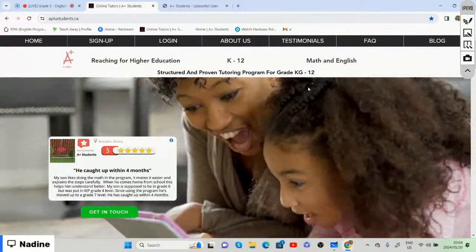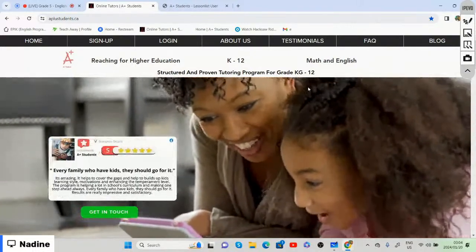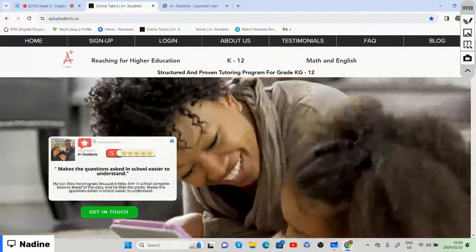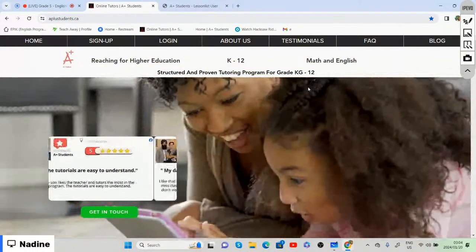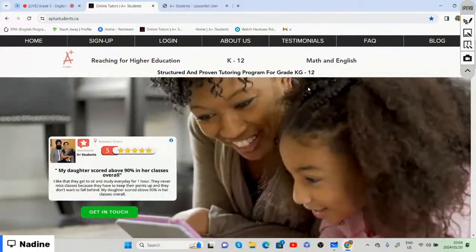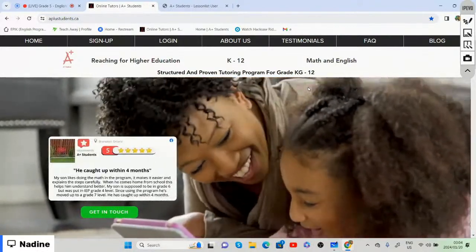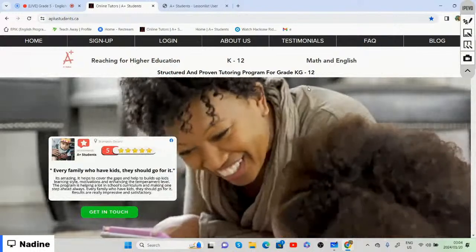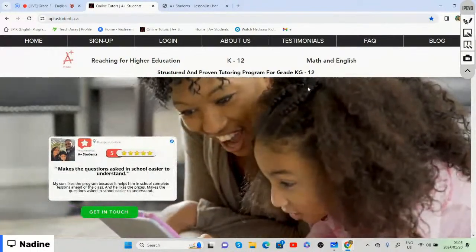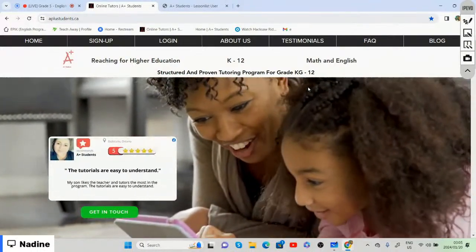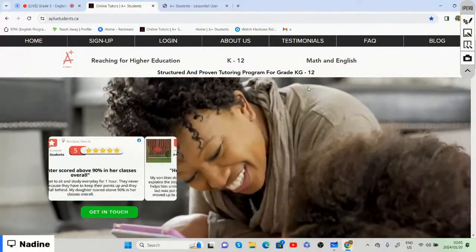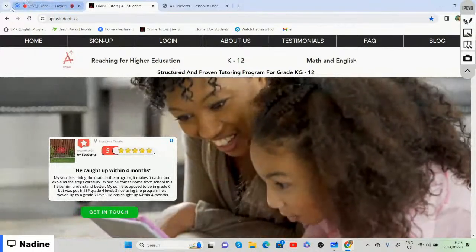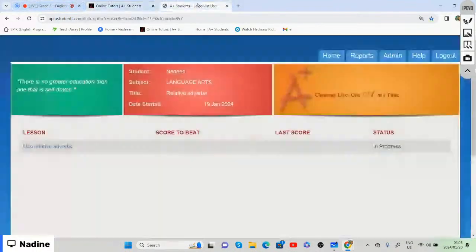Once you've logged on to aplusstudents.ca with our username as well as our password, we're going to select the subject of language arts, grade 5, and then scroll down until we get to the chapter of relative adverbs.